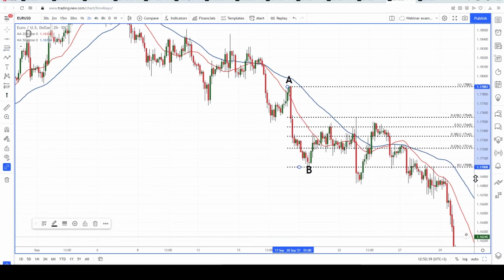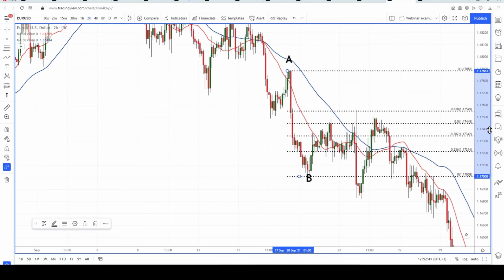Based on my studies, there isn't one single level that works, but you could say that whenever the market moves between the 0.38 and 0.61, or say 38.2 and 61.8% levels, then look for your point C.